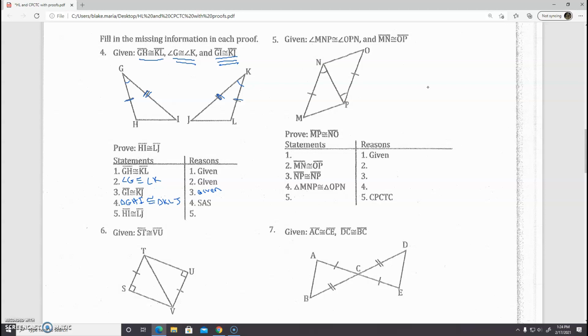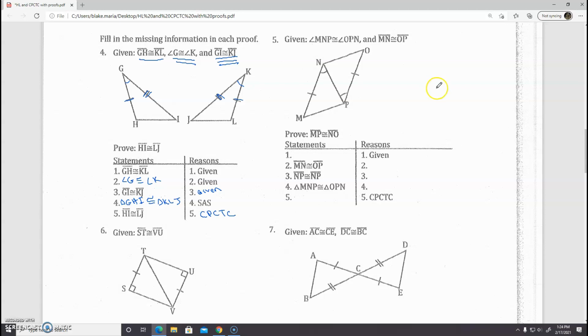Again, an angle in between two sides. Now that we proved the triangles are congruent, now you know their parts are congruent. So since we know these are two congruent triangles, yes, you can tell me HI is congruent to LJ because of CPCTC. Corresponding parts of congruent triangles, you just told me they were congruent, are congruent.